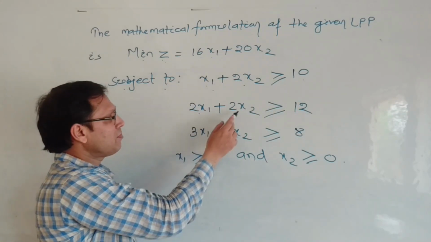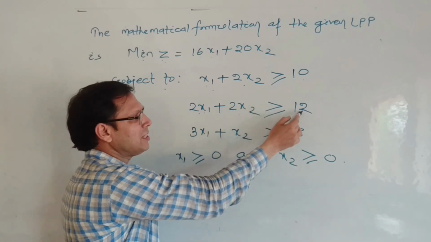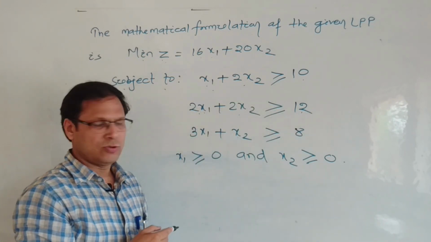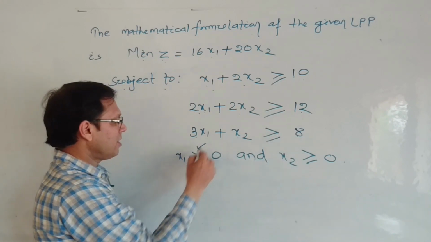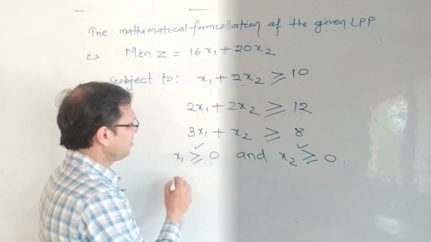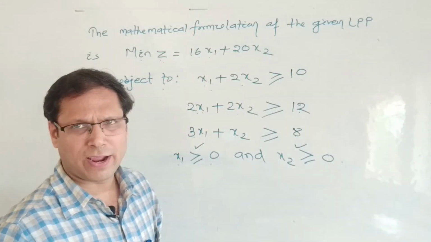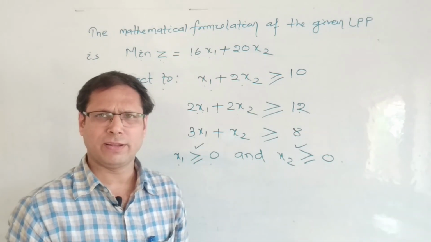Next one is 2x1 plus 2x2 greater than or equal to 12. You can write x1 plus x2 greater than or equal to 6, dividing both sides by 2. And third one is 3x1 plus x2 greater than or equal to 8. And non-negative restriction x1 greater than or equal to 0, x2 greater than or equal to 0. So in this way you can find the mathematical formulation of the given LPP.